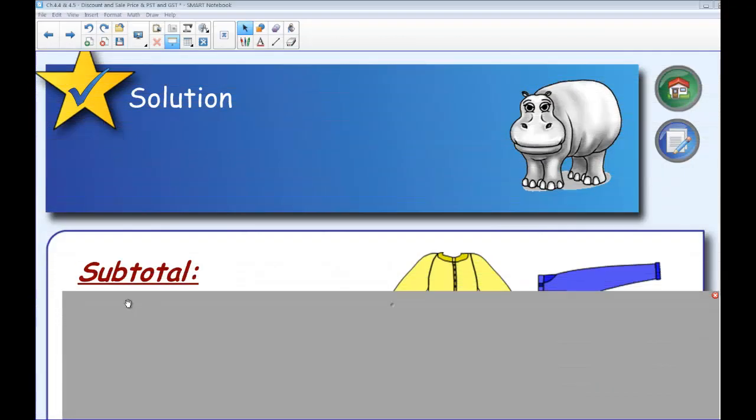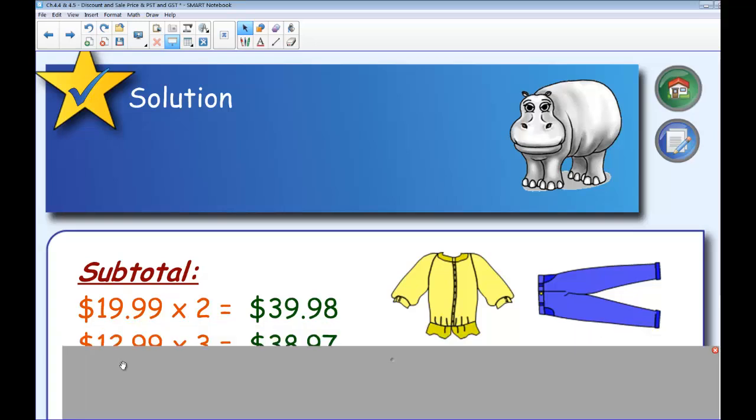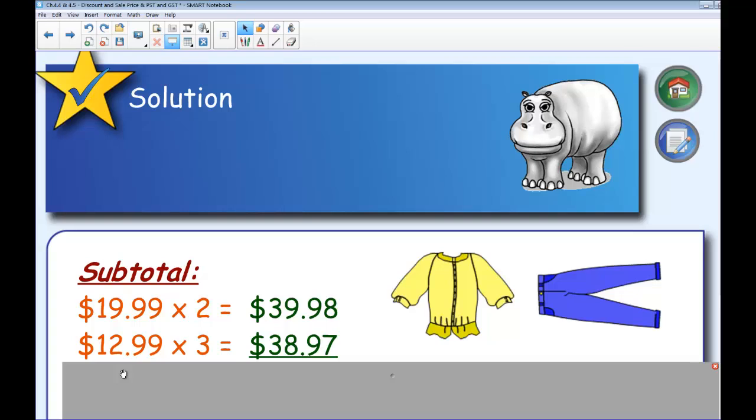Well, first of all, to calculate the total amount that Ashley would be paying for her purchase, we first need to calculate a subtotal. Now, she had bought 2 jeans at $19.99 each, so that calculates to $39.98. 3 shirts at $12.99 each, so that calculates to $38.98.